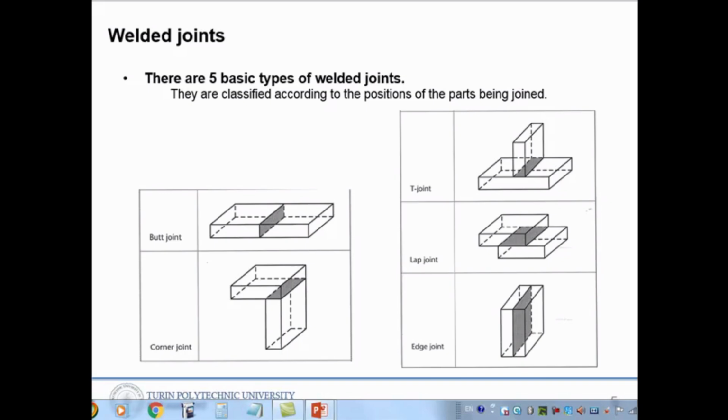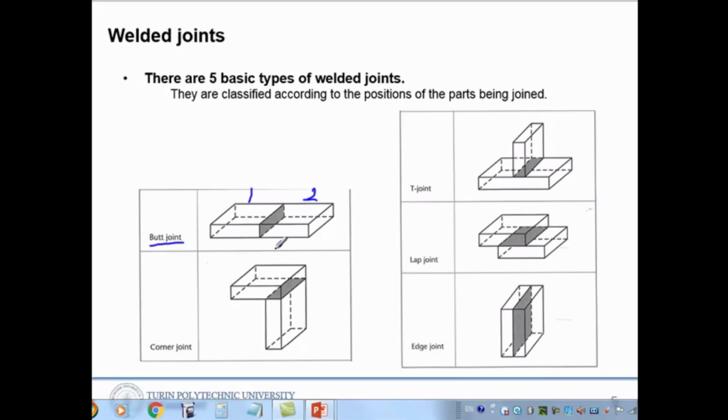There are 5 types of welded joints. They are classified according to the position of the parts being joined. The first type we call a butt joint. The first plate is here, the second plate is here, and the side of one should touch the side of the other plate; we call this a butt joint.